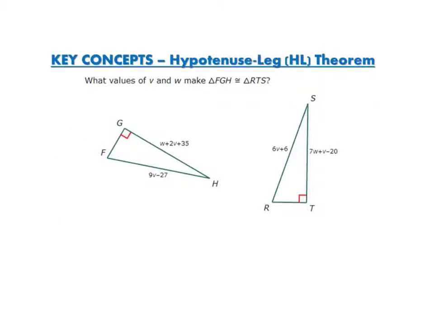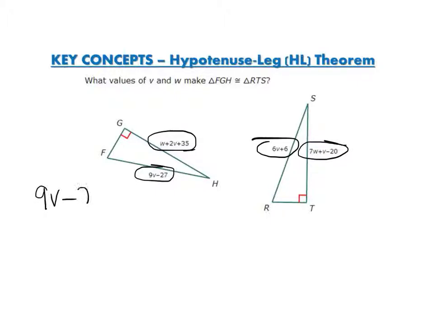What values of V and W make these two right triangles congruent? Well, if you notice, I have a W and a V here, a W and a V here. On this hypotenuse, I only have a V, and on that hypotenuse, I only have a V. So I'm going to have to solve for V before I can solve for W. So let's start with V. I have 9V minus 27 equals 6V plus 6.